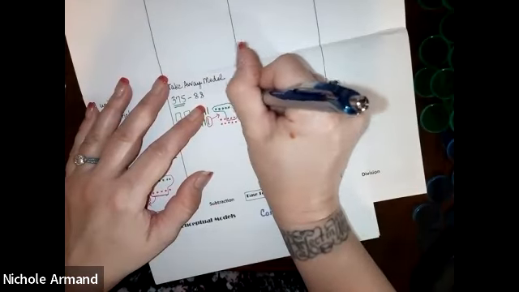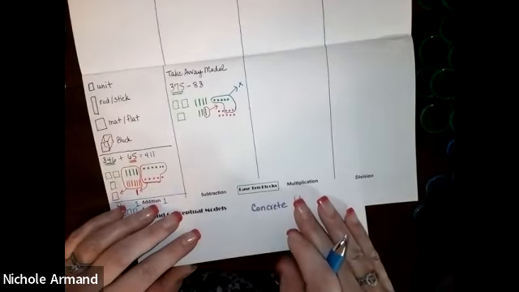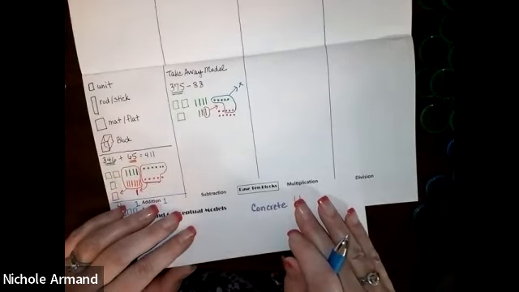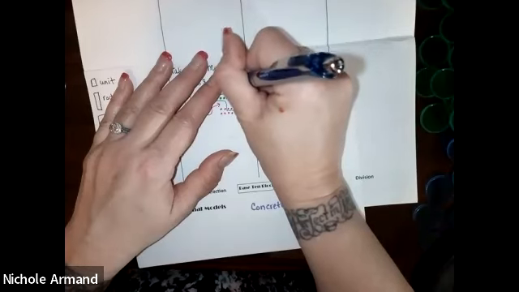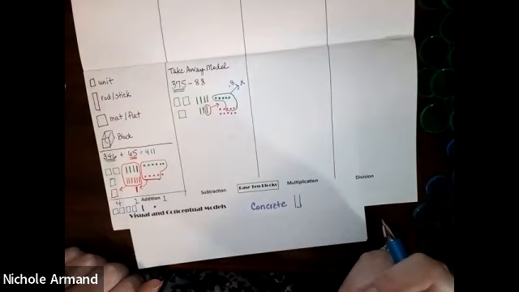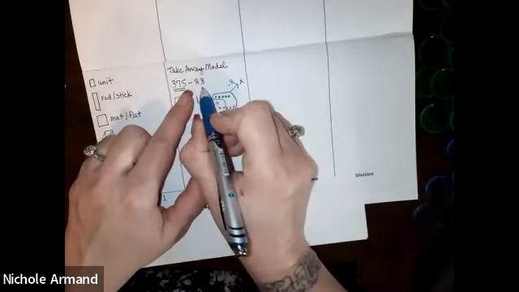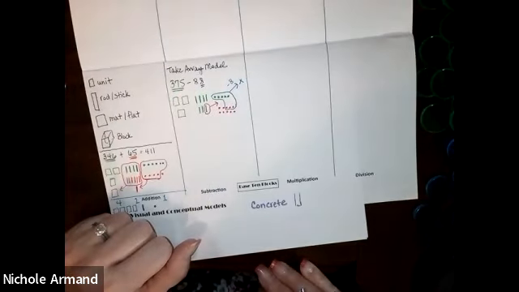And then you are going to make some sort of mark that indicates that you are taking them away. And so what I did is I wrote that I'm taking away 8 of these units because that is what is right here and taking away 8.